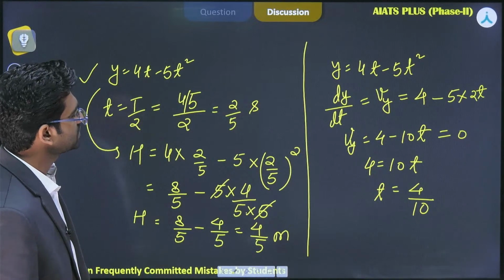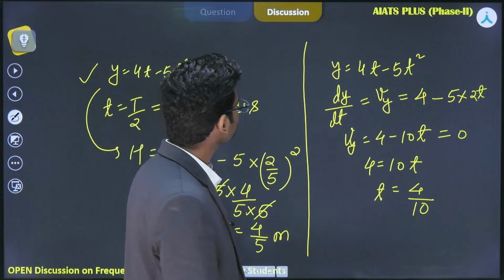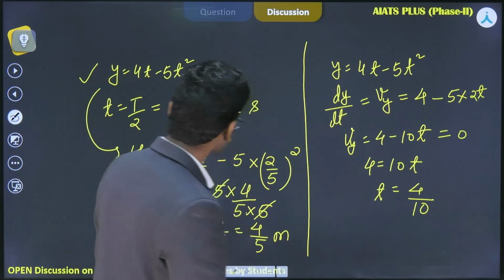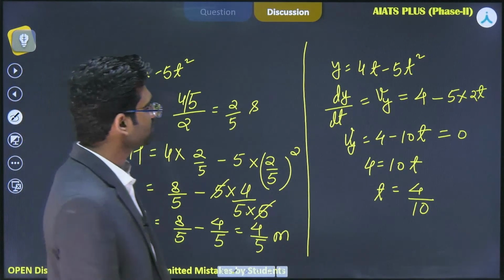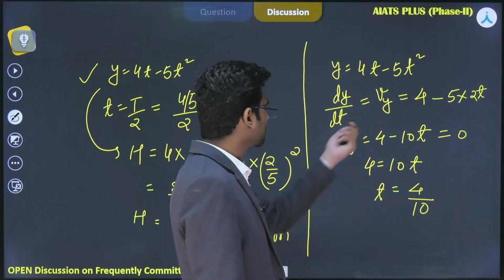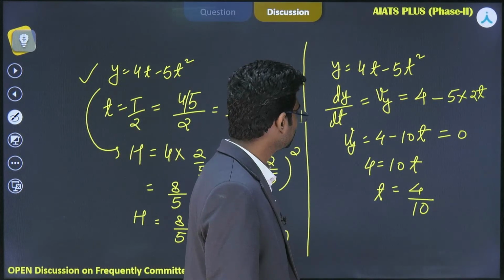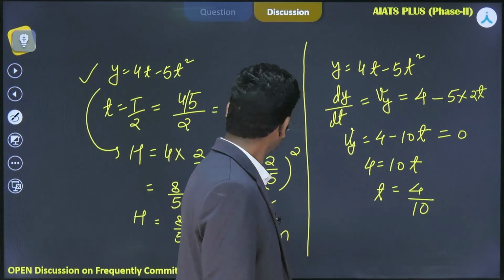Did we get the time? The time is different, right? Why is it happening? y equal to 4t minus 5t square. By differentiating, we get Vy is equal to 4 minus 5 twos are 10t. t is equal to 4 by 10. Vy will become 0.